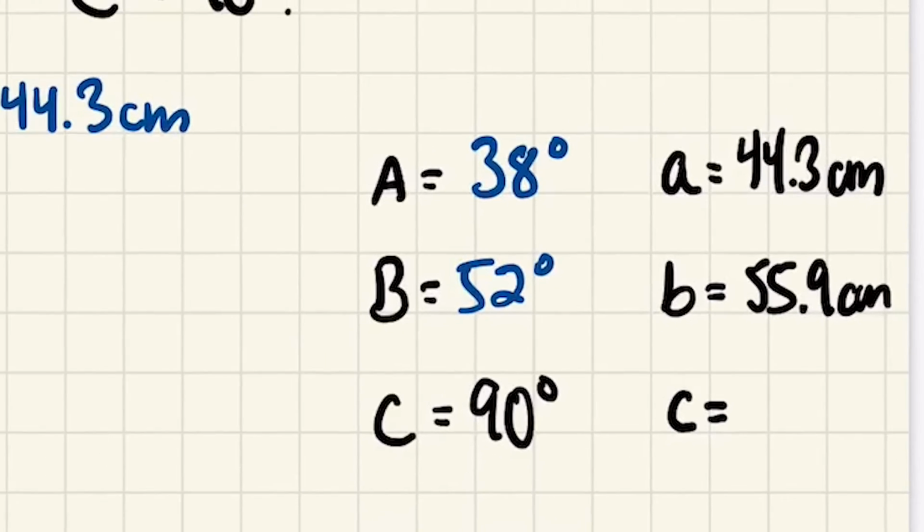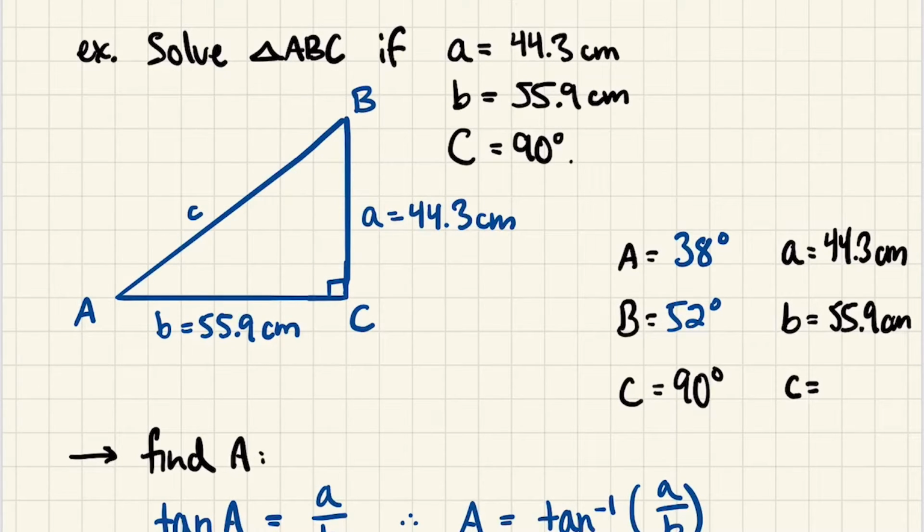So it just remains to find little c. Well, we could use the fact that we know that sine of capital A is little a divided by little c. However, if we do that, we need to use, of course, the precise version of capital A in our calculation. However, since this is a right triangle and we're given little a and we're given little b, we might as well just use the Pythagorean theorem to find little c. By the Pythagorean theorem, c squared is a squared plus b squared.